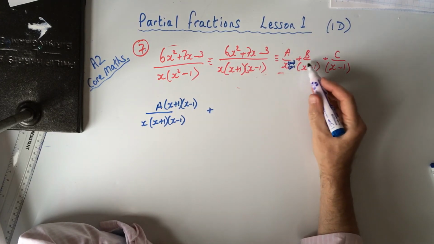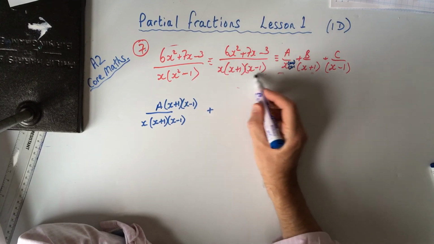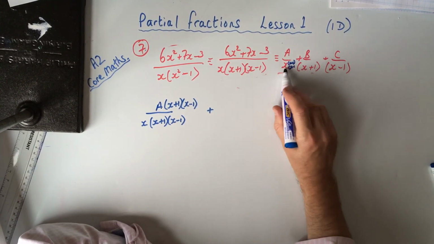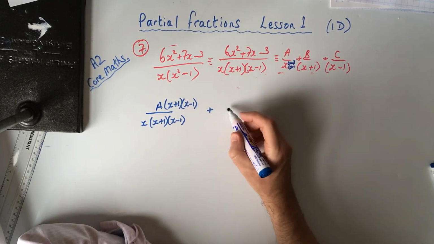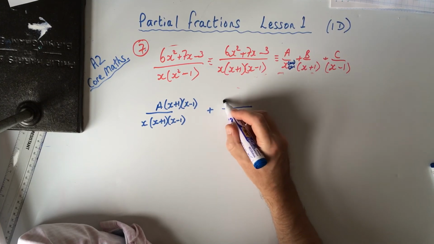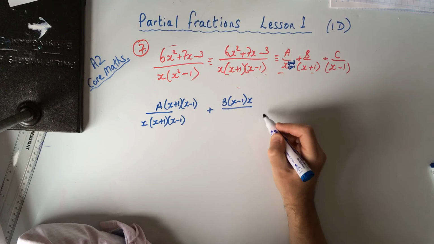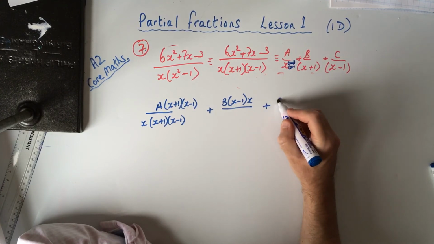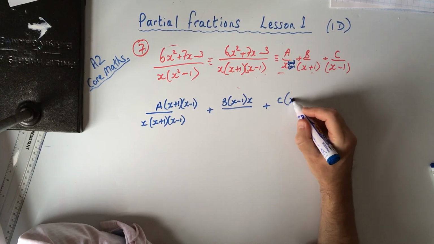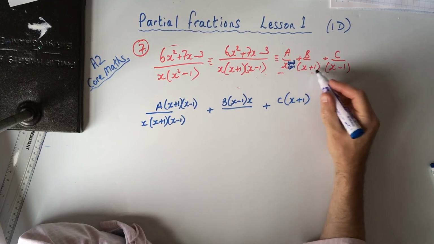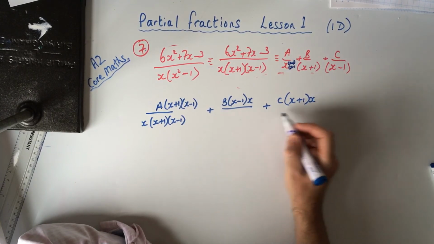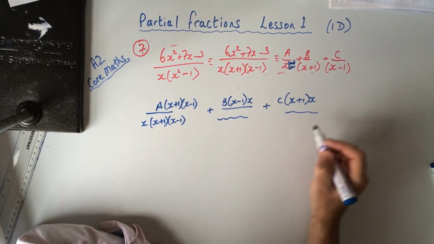Plus, what do we have to multiply this by to make all of that? Well, we've got to multiply it by the x and the x minus 1. So on the top, we're going to have b times the x minus 1, but also by the x, plus the c times the x plus 1, which is the 1 times by the x. So you get that over all that stuff.